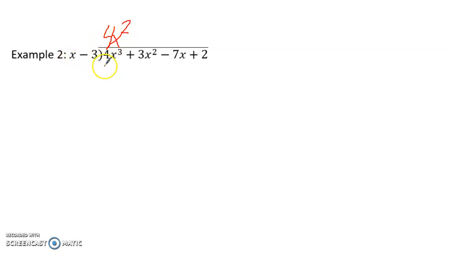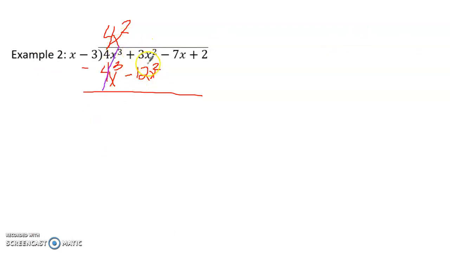X times 4x squared is 4x cubed. And then negative 3 times 4x squared is minus 12x squared. And we subtract. The 4x cubes are canceled.